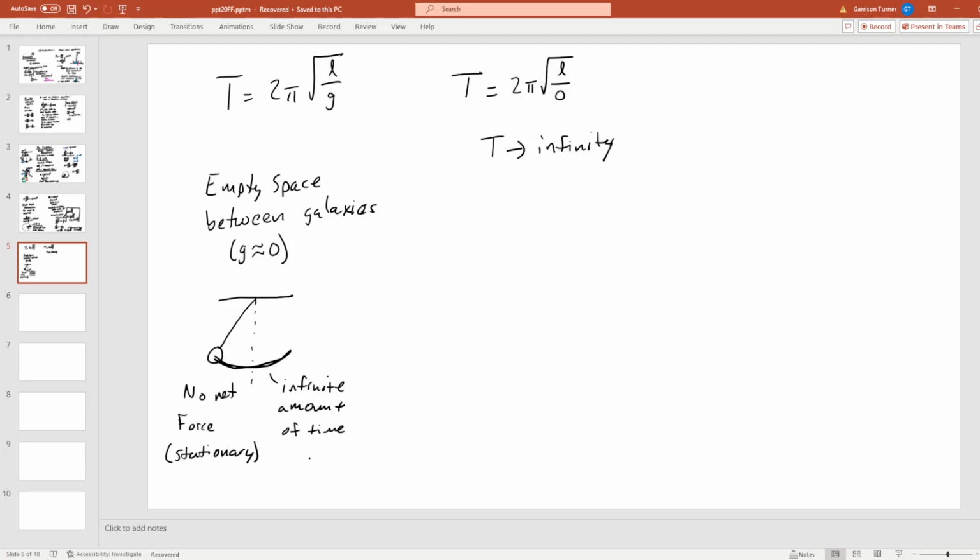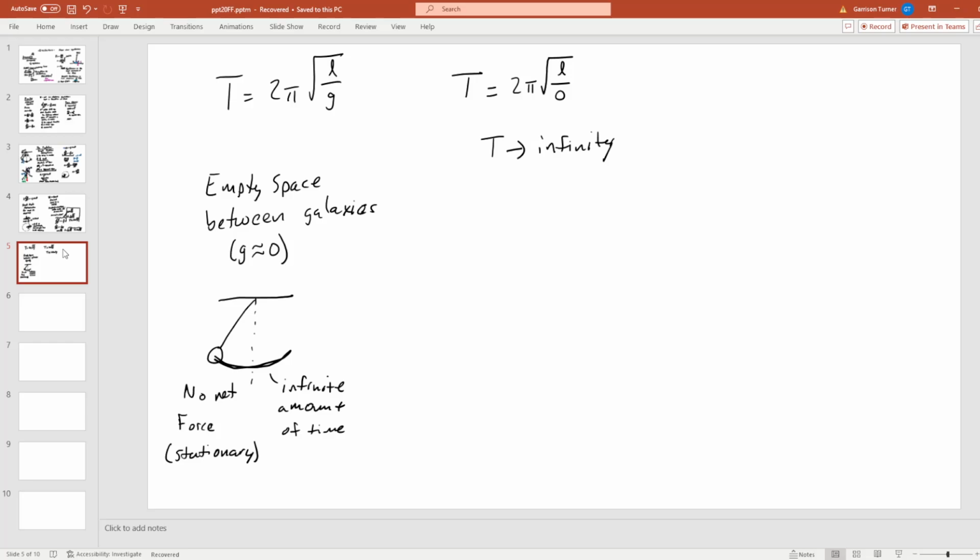Which, of course, if it stays stationary, is exactly what you would expect. And so, this formula makes sense not just when you change your lengths, but when you also change your gravitational fields as well. Okay? So, just wanted you to be aware of that.